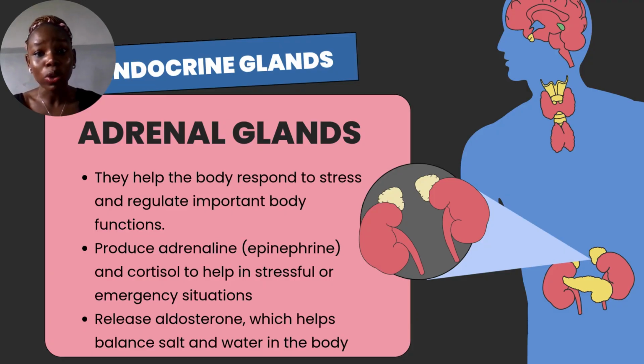Those periods you need to run for your life, adrenaline hormone is activated and enables you to do that. It also helps in osmoregulation, and you know what osmoregulation is? The regulation of the salt and the water balance in the body. So all these are regulated by adrenal hormones.